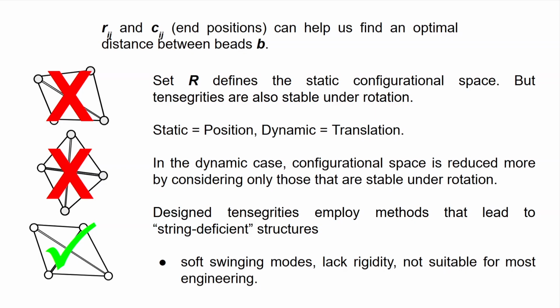And then our design tensegrities employ methods that lead to string-deficient structures. So another thing we want to do is simulate these things, not just in terms of their basic structure and their rotation, but we want to find other types of properties where we have soft swinging modes. We want to find some of the properties like the lack of rigidity, and those are things that we can't just apply engineering tools to.